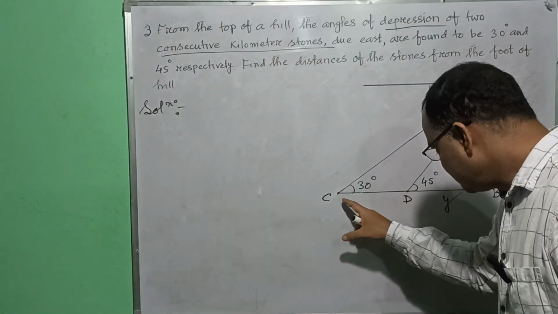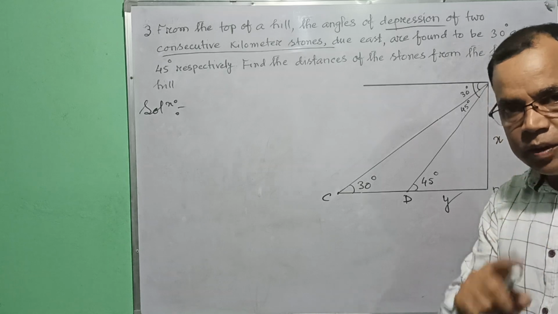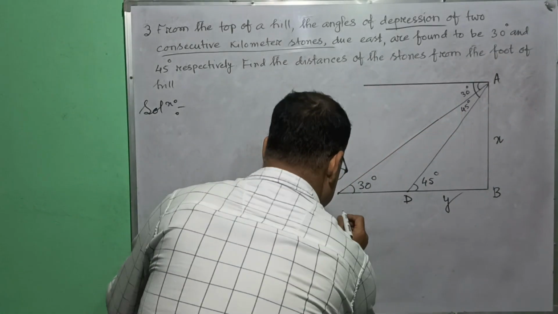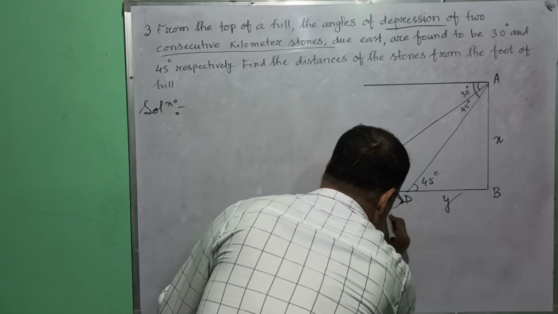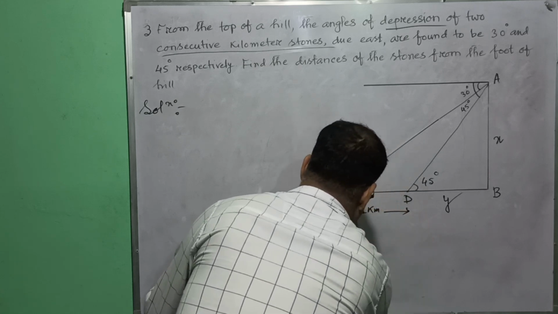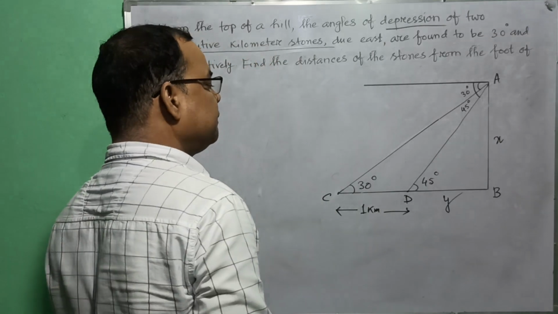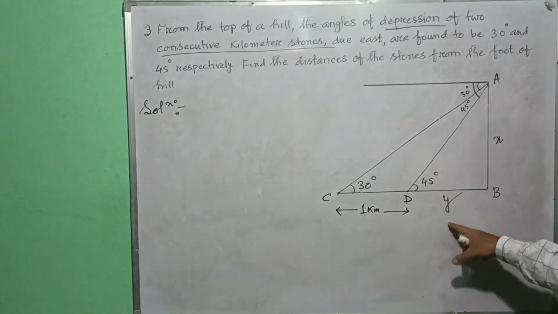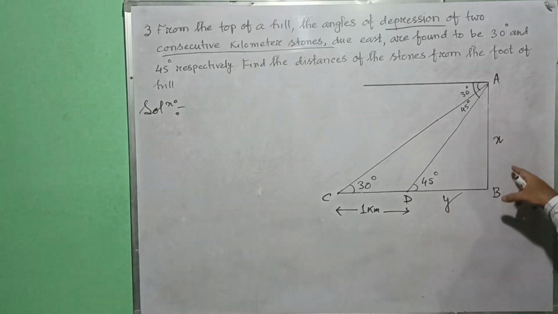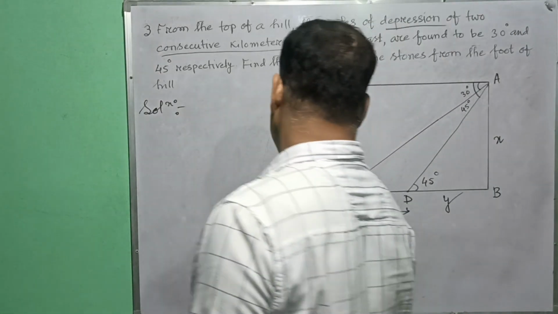It means the distance between the two stones is 1 kilometer. So this distance is 1 kilometer. BD is not given. We have taken it as Y, and AB is also not given. We have taken it as X.